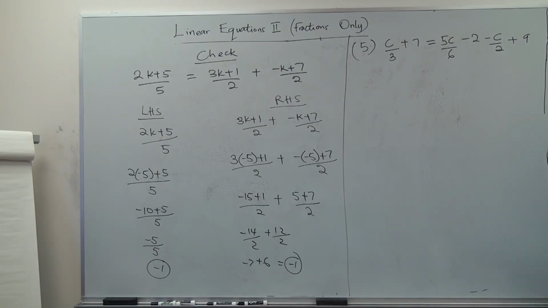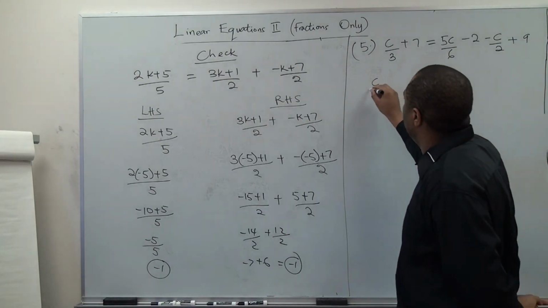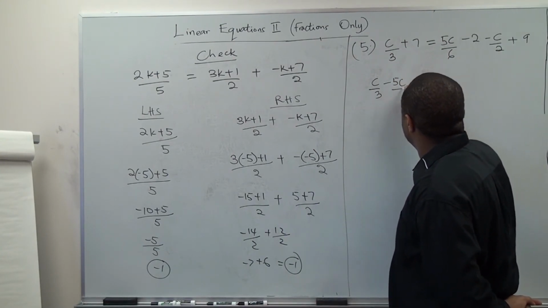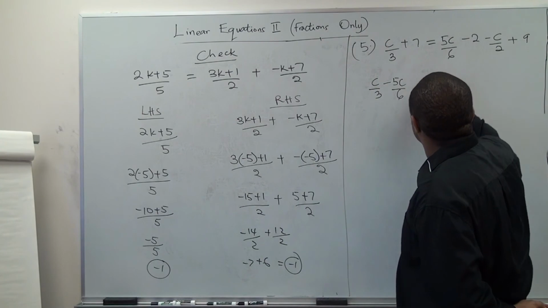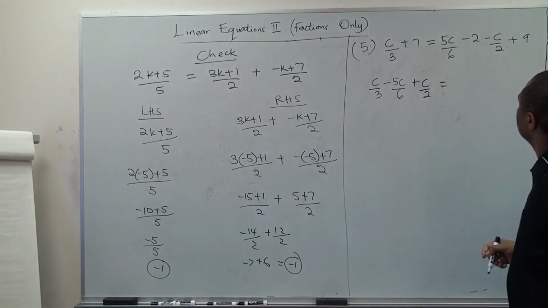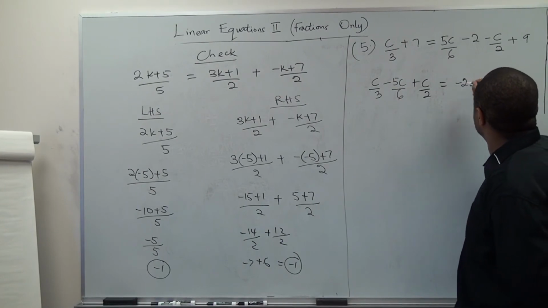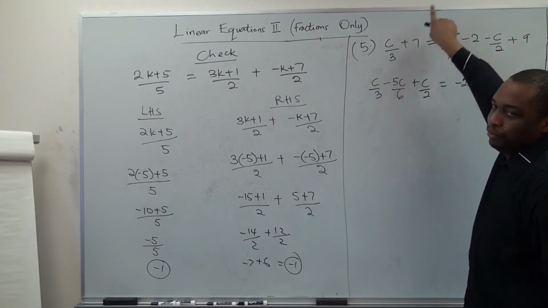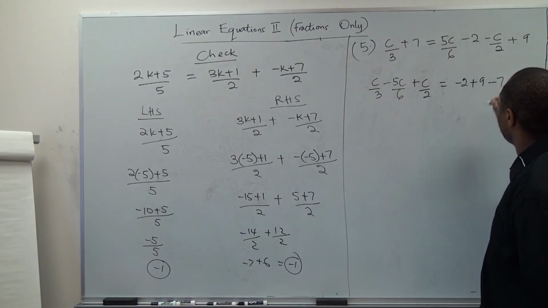Just apply the same rule. Variables on the left, constants on the right. So let's get all the c's. C over 3, this guy comes over here, minus 5c over 6. This guy comes over here, plus c over 2. Equal to, this guy is here already, negative 2, keep it. Plus 9 is here already, keep it. This guy moves over there, minus 7. That's it.